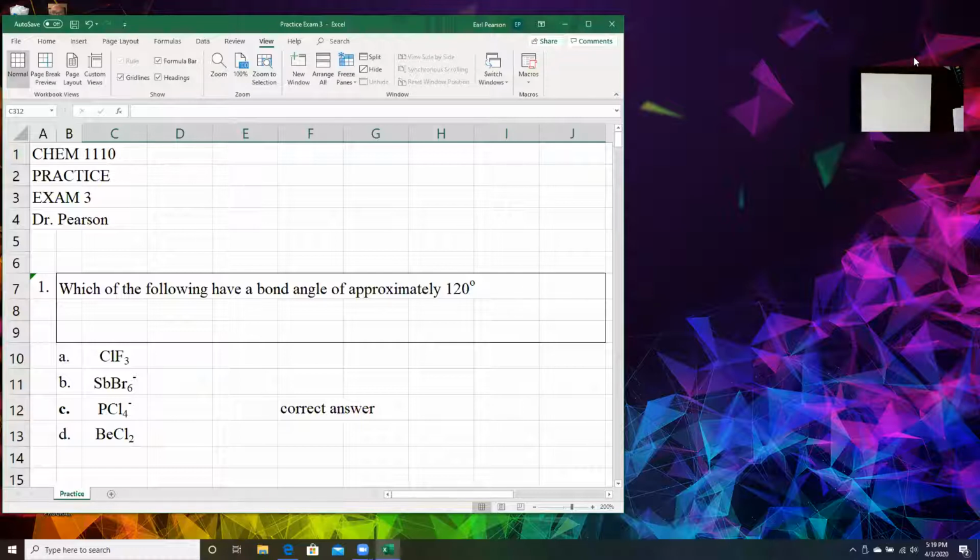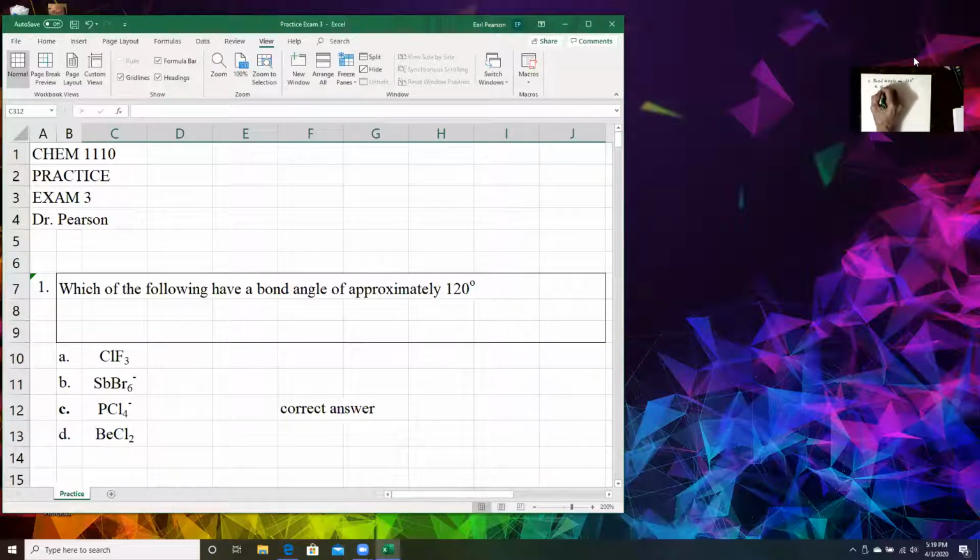I'll be switching back and forth between these two to give you more focus on the solution after we start working with the problem. So this first one is we want the bond angle in a molecule that has a 120-degree angle. We have some choices.